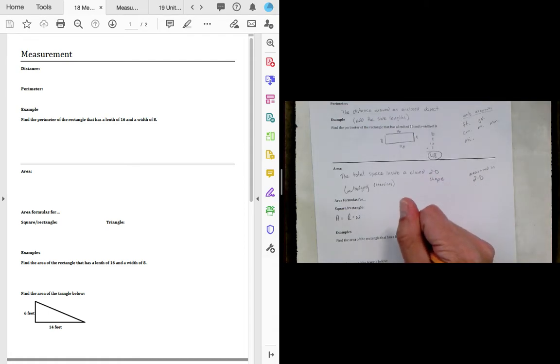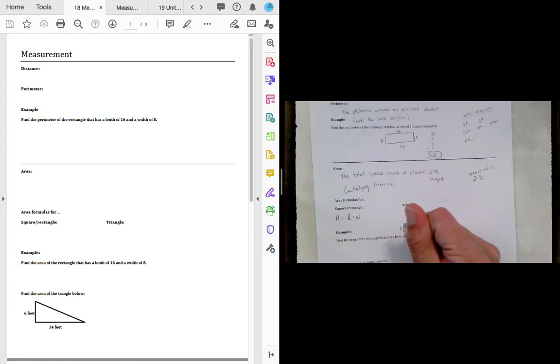And the way we remember that is thinking about a sandwich. So if I have a sandwich like this, I know that the area of the sandwich based on my area for square or rectangle is going to be length times width or something like that. And I can take my sandwich and I can cut it along the diagonal here. And what I did is I made two triangles.